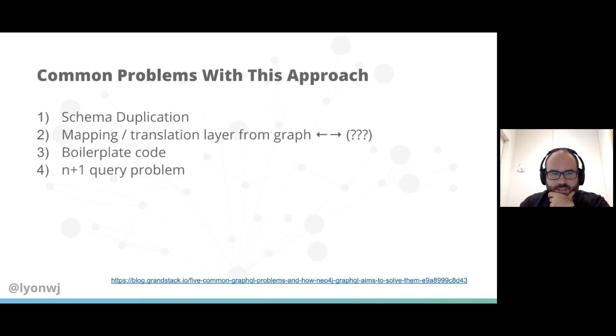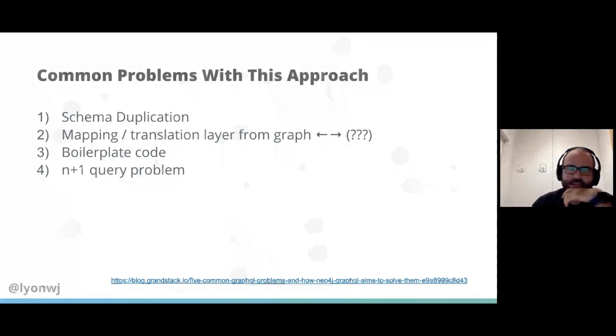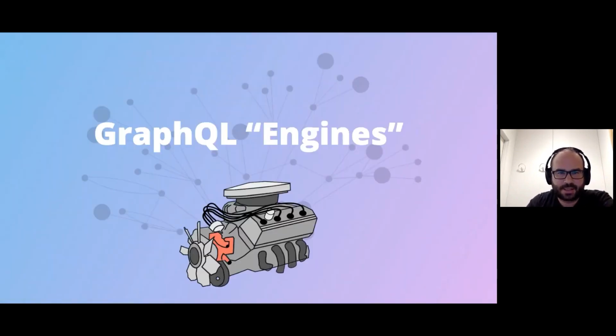So not ideal. And then we also have this n+1 query problem. So we may, from the back end now, have the same problem where we have to fetch a list of things, and then we see that, oh, we've requested a connected field, so we have to iterate back to the database. We want to be sure to only make as few requests to the database as needed.